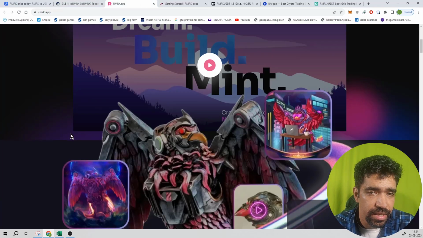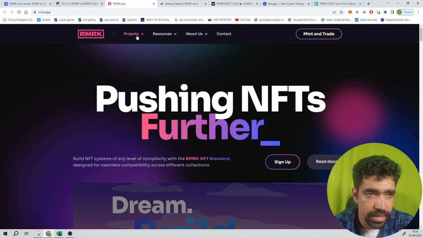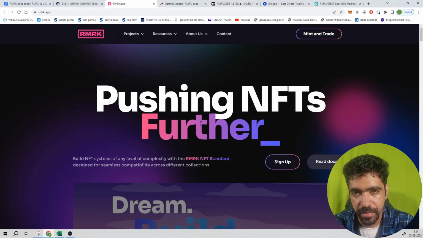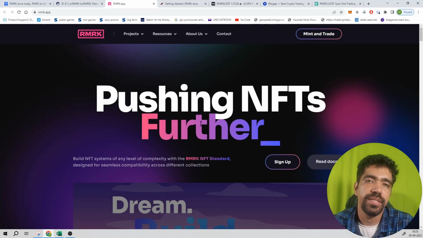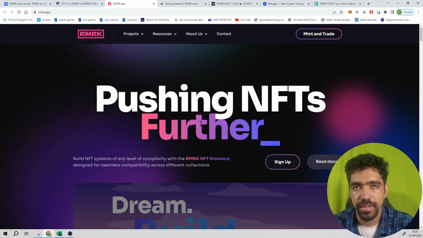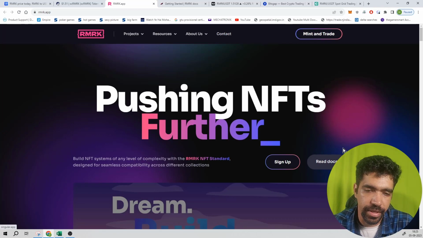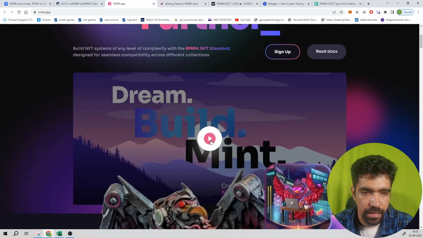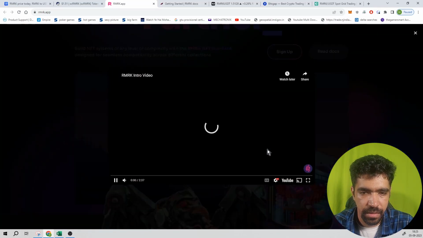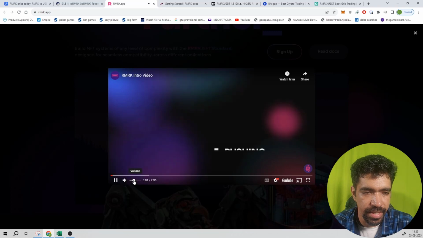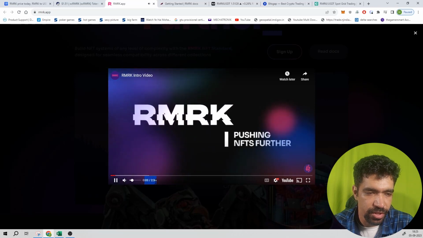And now let us check out the main website of this token. It is having multiple projects. It is based on NFTs, that is the non-fungible tokens, pushing the NFTs further. The main highlight of this token is that you can purchase some NFTs using this particular token, and based on those NFTs you can mint tokens and trade accordingly. Also, there is one video on YouTube which is having a length of 2 minutes and 36 seconds.